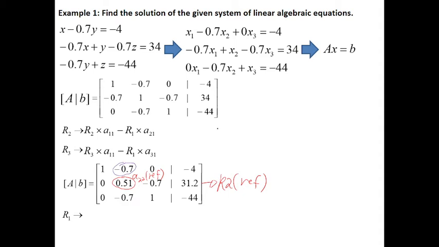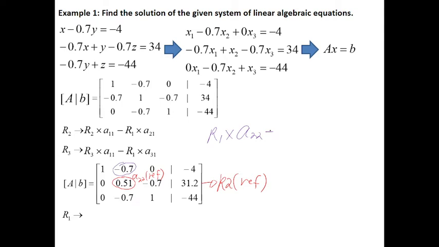Row 1. Anong yung multiply ko? Sa row 1. Yung reference element. Yung reference element ay A22. Anong i-minus ko?